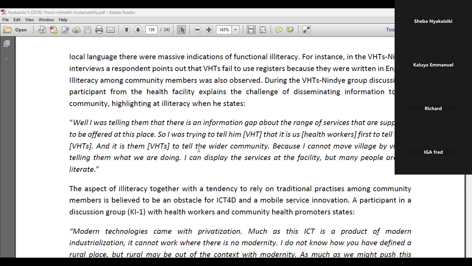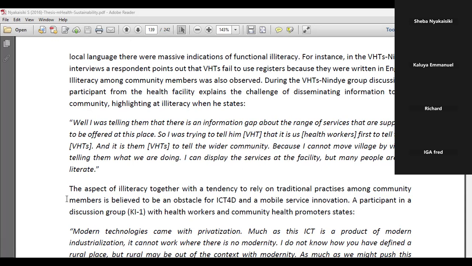It is then VHTs to tell the wider community because I cannot move village by village telling them what we are doing. I can display the services at the facility, but many people are not literate. So you see, I was reporting verbatim, and the reason why I could do that is because I recorded the conversation.